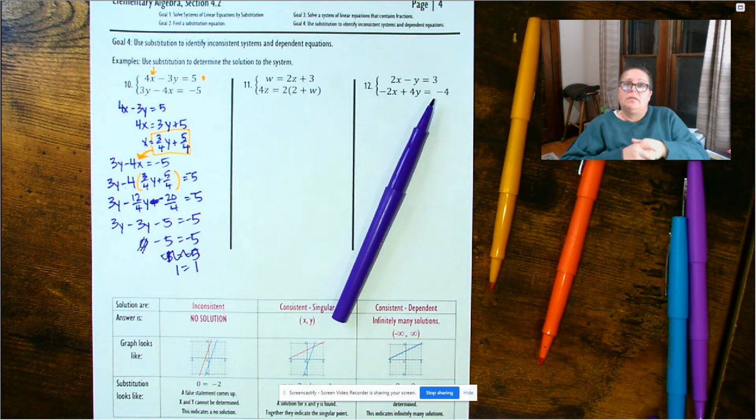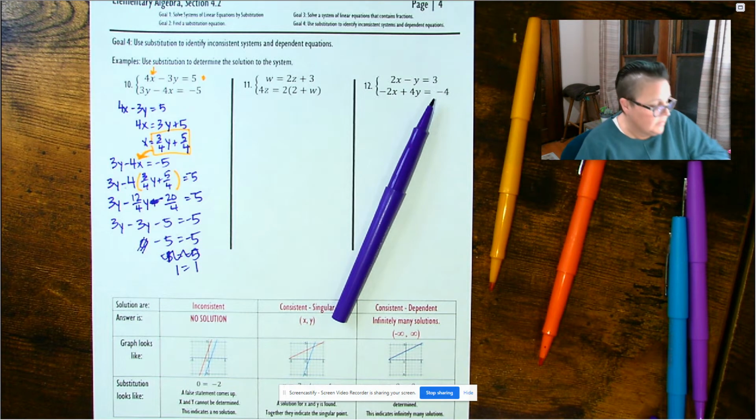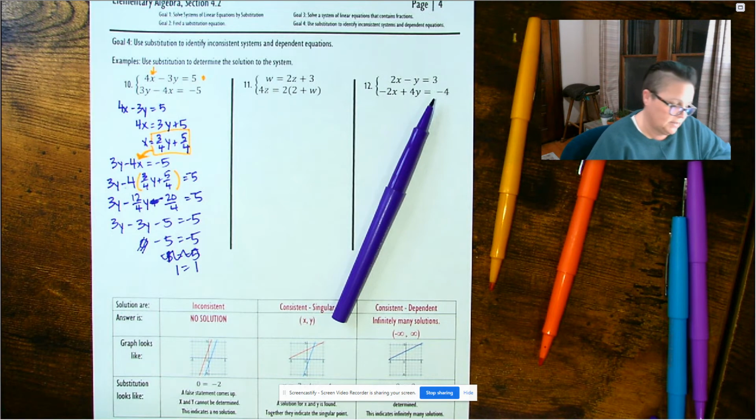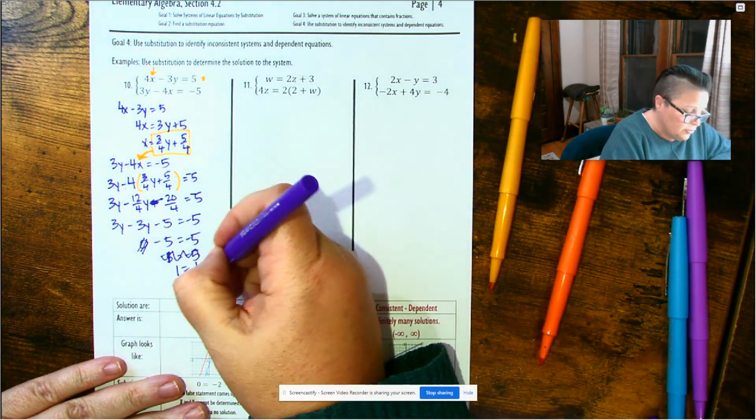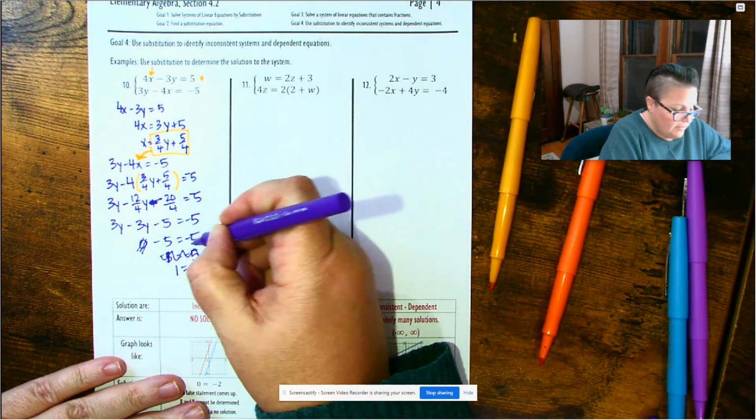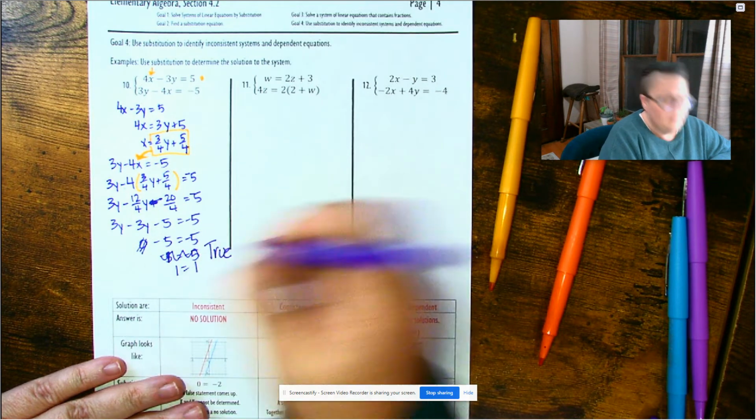What does this mean? Since everything is equal, you don't have any x's left, you don't have any y's left, and it is true that negative 5 is equal to negative 5, and that 1 is equal to 1.